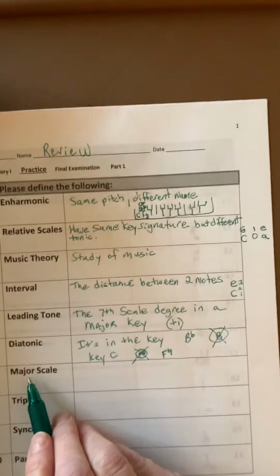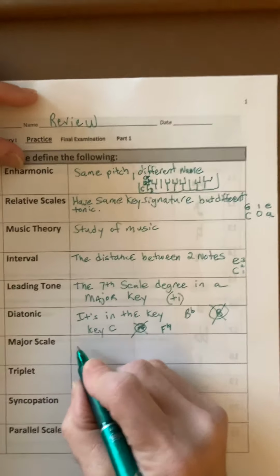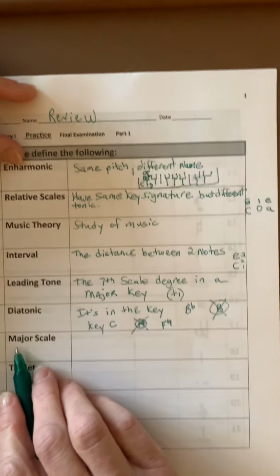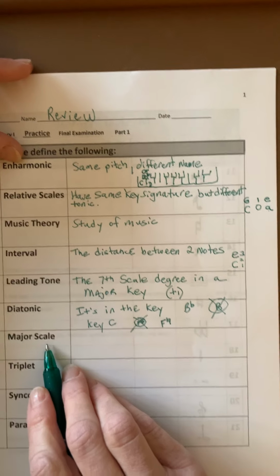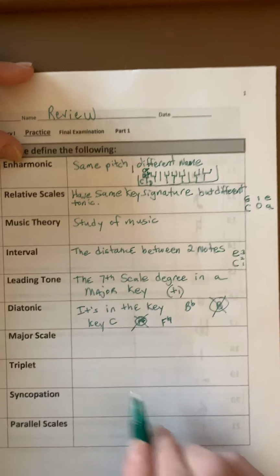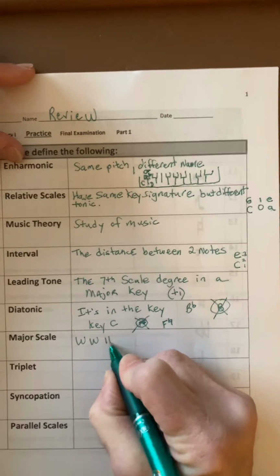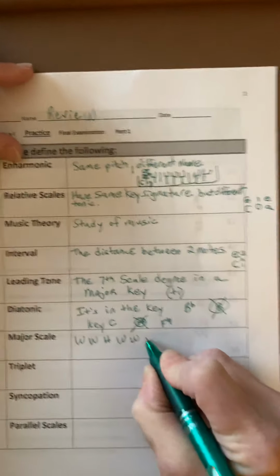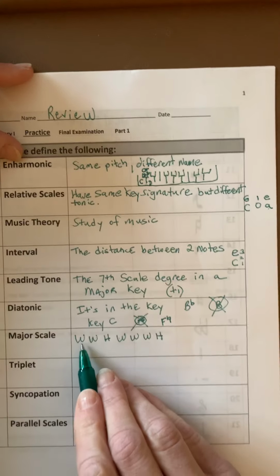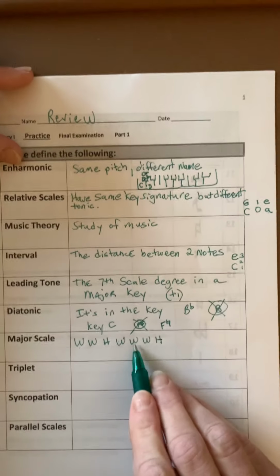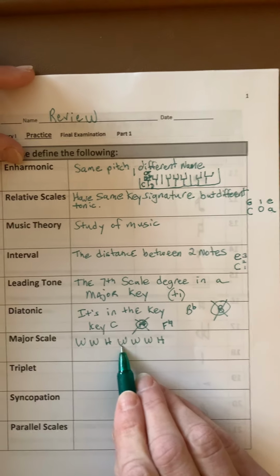Okay, major scale. Scale is the word ladder in Greek. So you go up and down the ladder to this formula: whole step, half step, whole step, half step. In other words, two tetrachords, whole, half, whole, half, put together by a whole step.